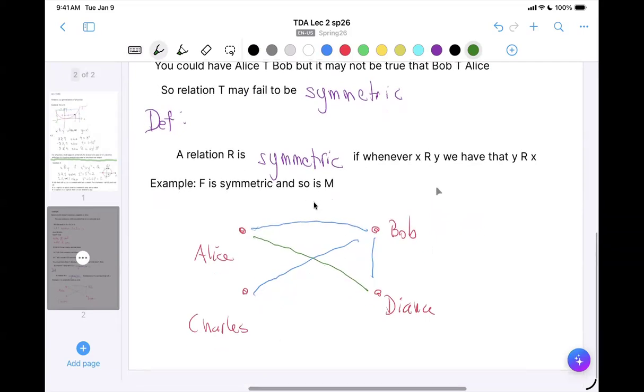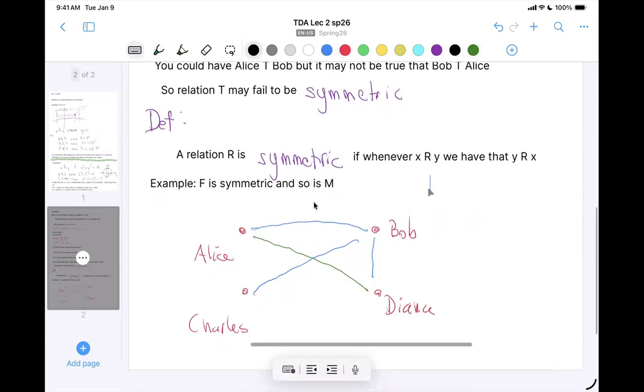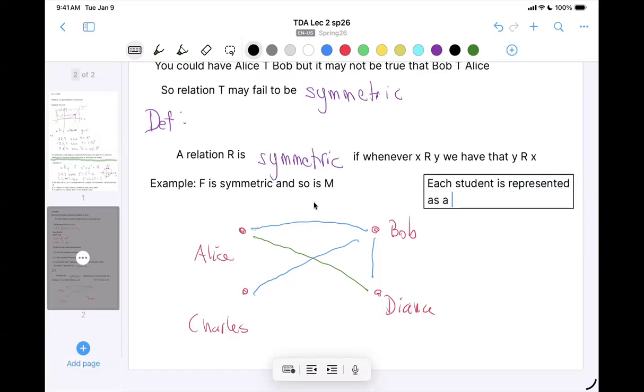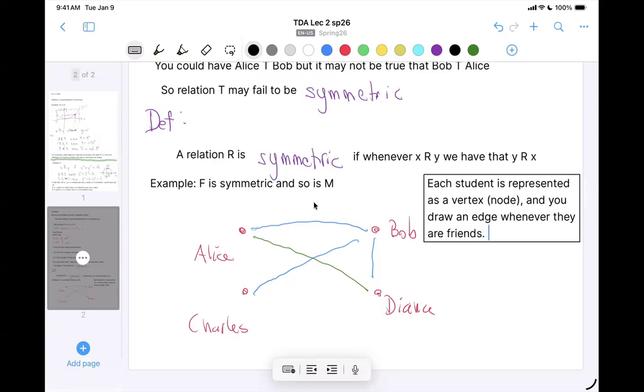What I'm trying to say is that you can represent each of the students as a node, or a vertex. So each student is represented as a vertex or node, and you draw an edge whenever they are friends, right? The fact that this is symmetric means that it is not ambiguous.